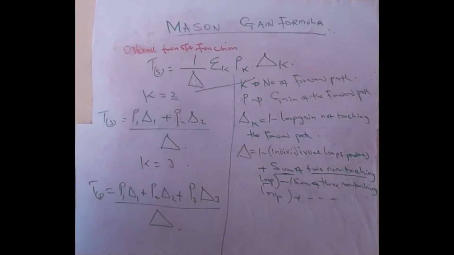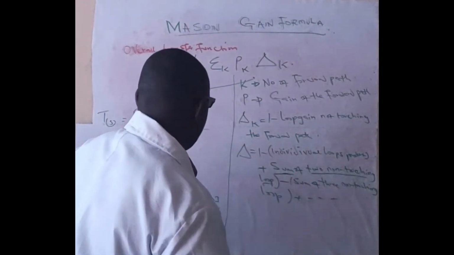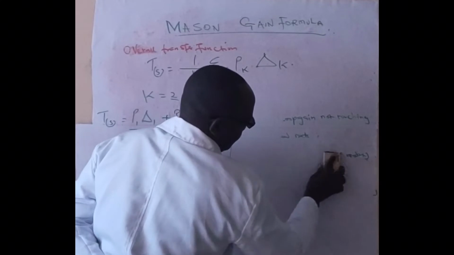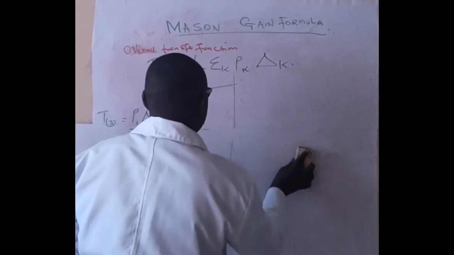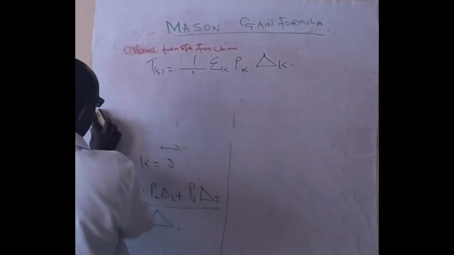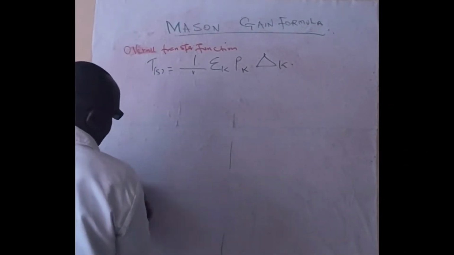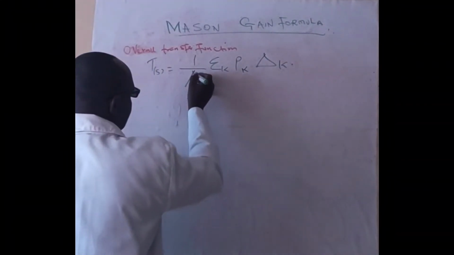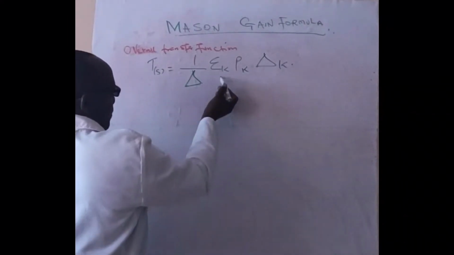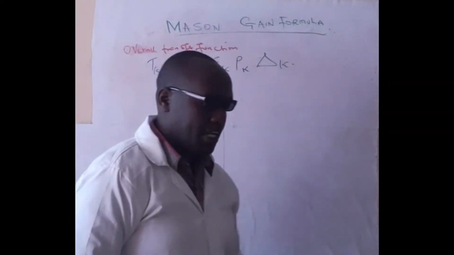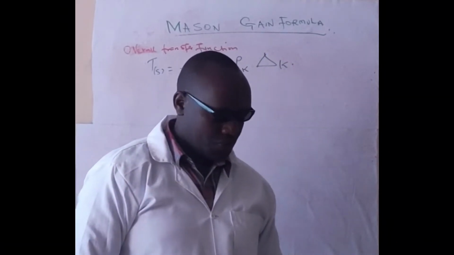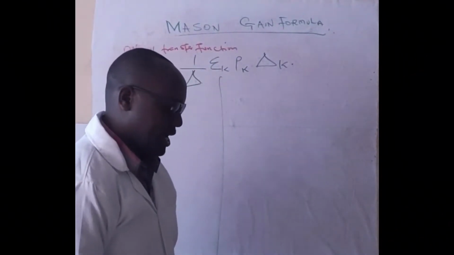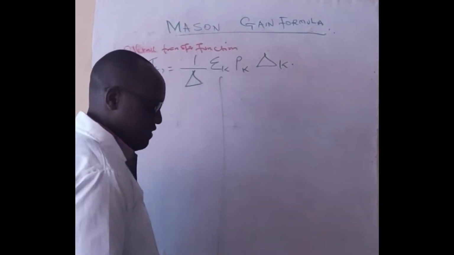So we want to see an example. We can maybe try to attempt one example, then we just draw one, and then we see how we can come up with the overall transfer function, input and output.